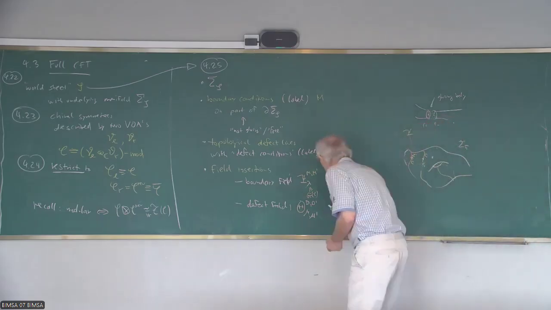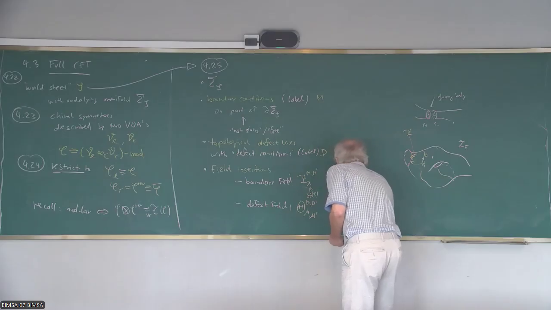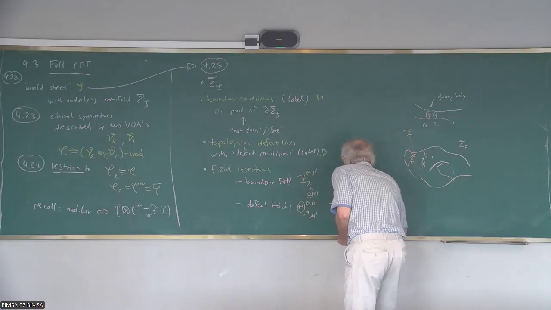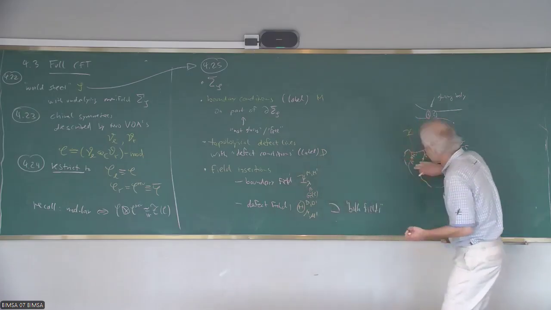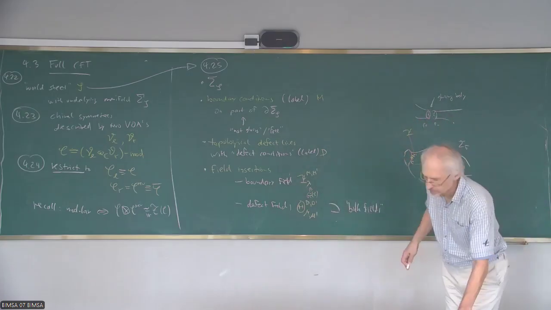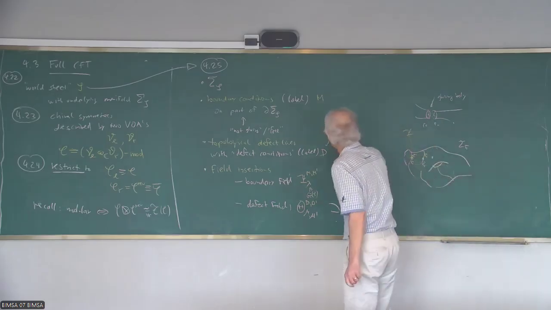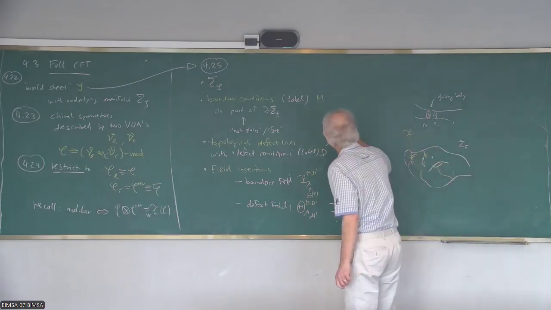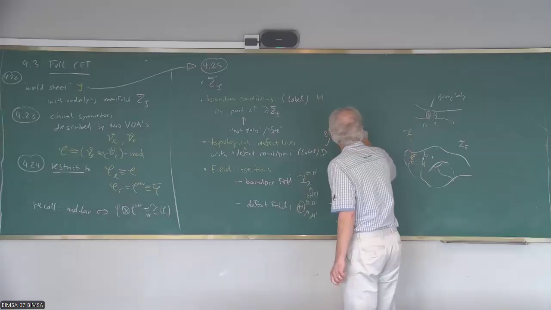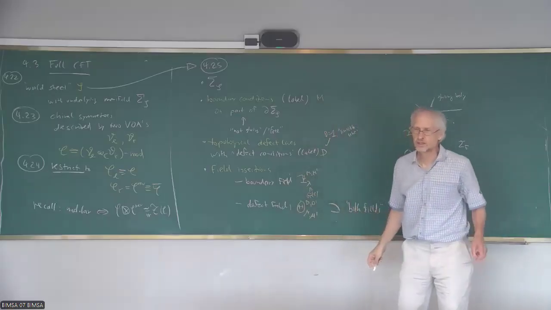And in particular, as a special case of this, I have what are called bulk fields. For those, there is just no defect line, or one can also say there is a defect line, but it's invisible.